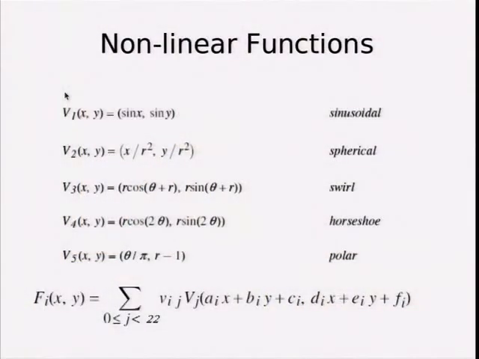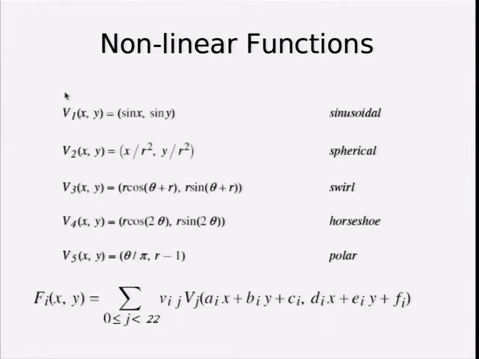Here's an example of the functions that we use. They're just little blobs of algebra. They don't have any special mathematical properties. They were picked because they look good. They are composed with linear functions.